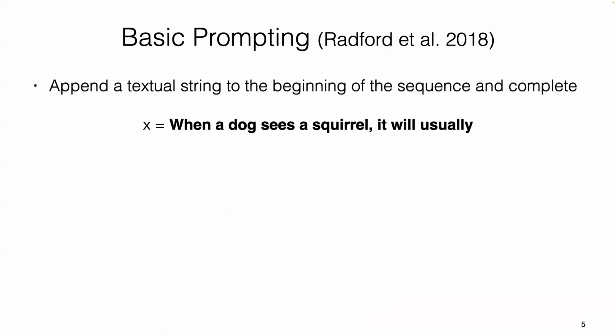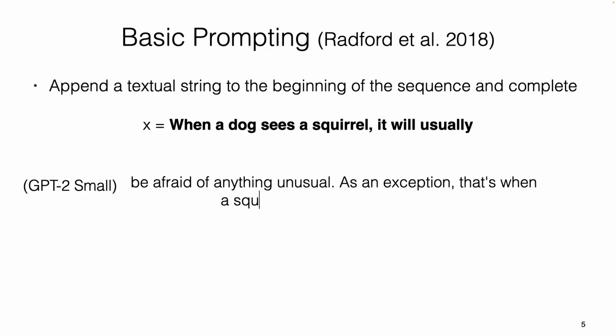Okay, so in terms of fundamentals, the most basic thing you can do is just have some textual string and have the model complete it. Here we have this prompt, and it says "when a dog sees a squirrel, it will usually".